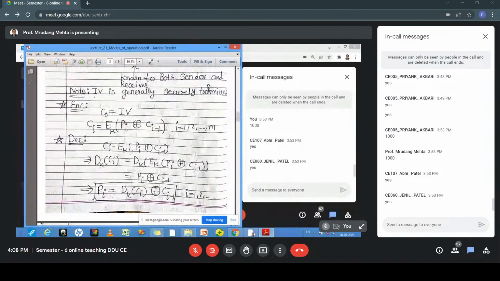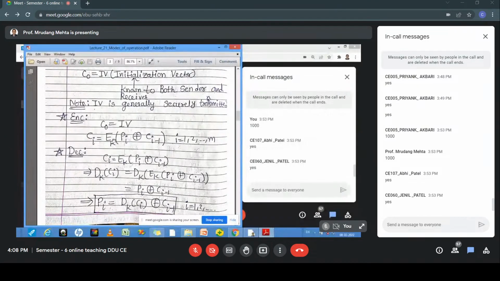So the decryption is also possible, like this is our encrypted text. To perform decryption, we apply the decryption algorithm. So D of Ci with key K is equal to D of EK of Pi XOR Ci minus 1 with K. Now this gets cancelled out.